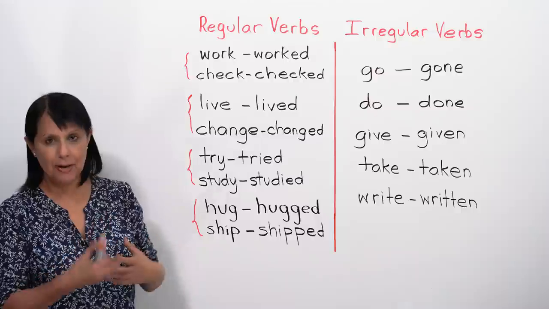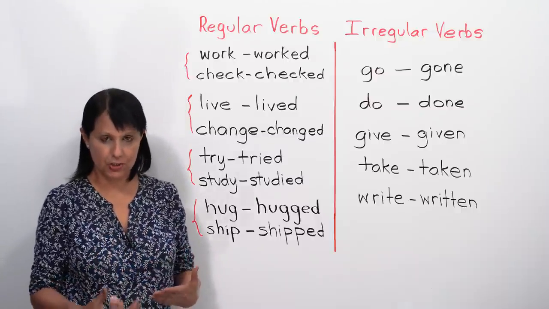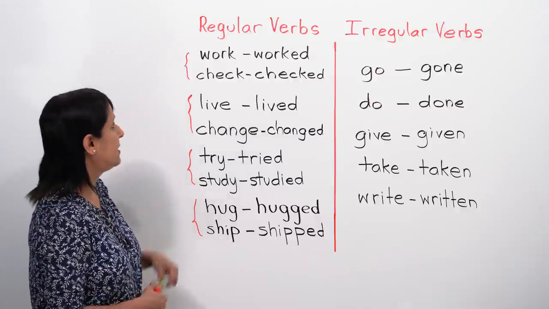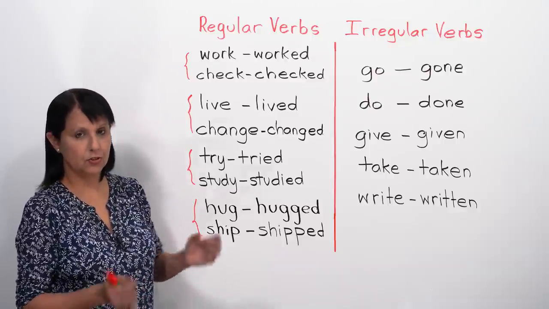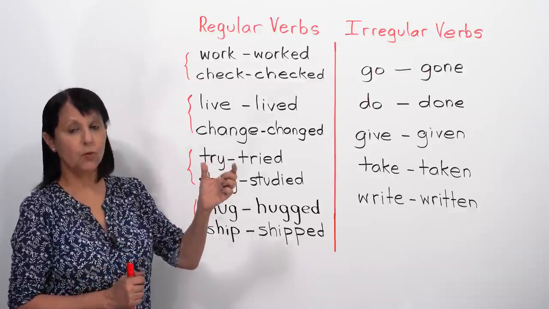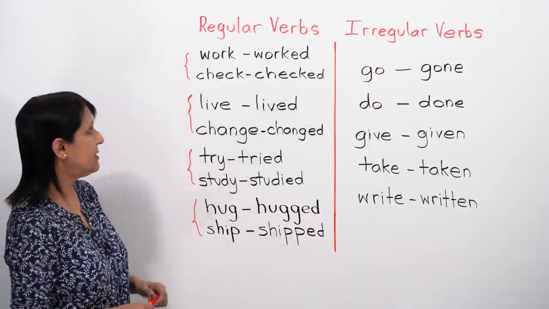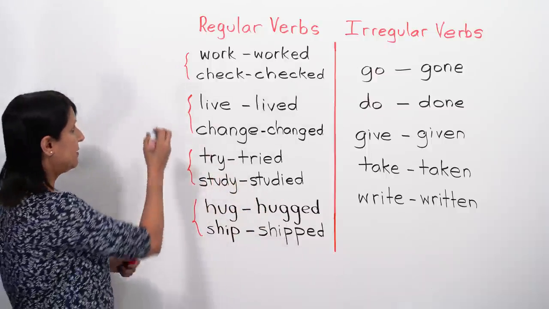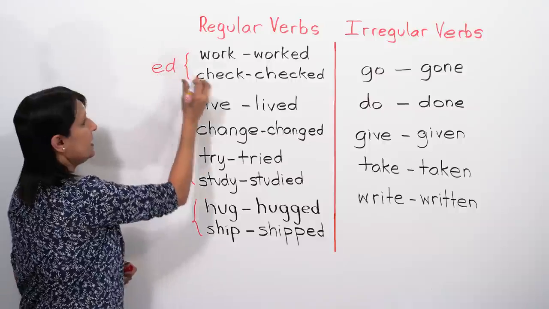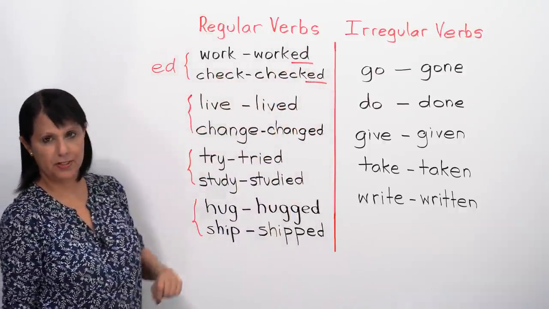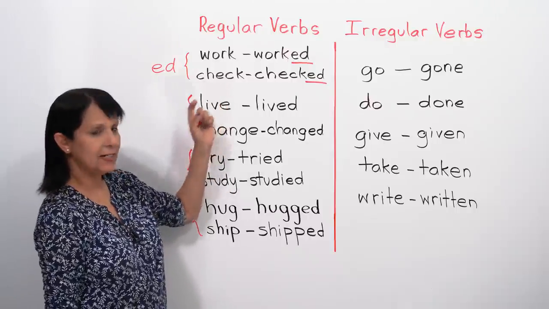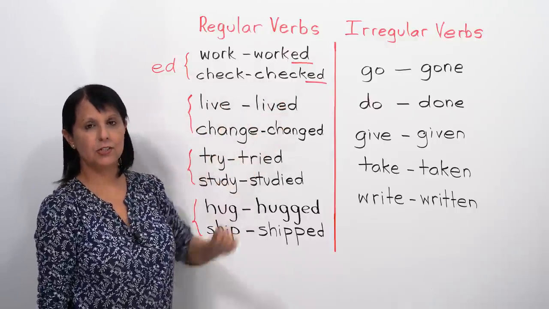So let's look at some patterns of spelling changes that you need to make. With most verbs, all you have to do to form that past participle or past simple form is add ed, right? That's all we're doing. We're adding ed, just like here. Work becomes worked. Check becomes checked.